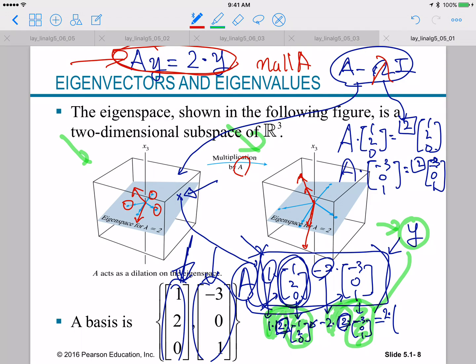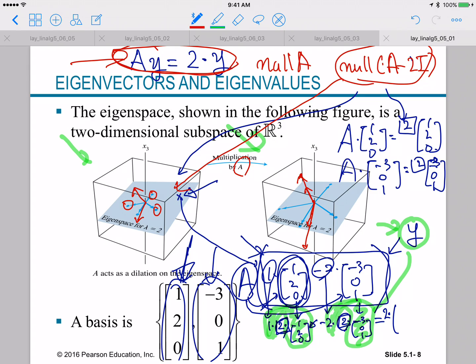This space is not exactly the null space of A, right? It's exactly the null space of A minus 2I, right? And so this null space is this plane, and this subspace is called eigenspace. So the eigenspace associated with the eigenvalue of 2.